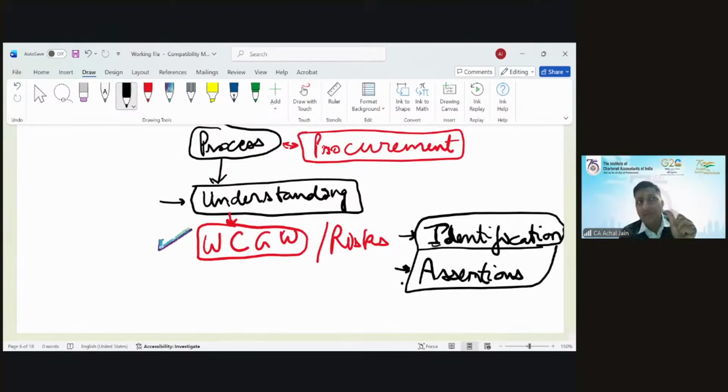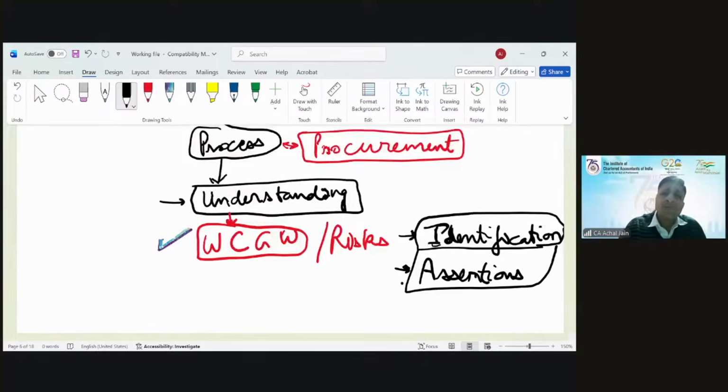See, what is our objective? One should know the problem. If you know the problem, that is when you will be able to address it. Otherwise, if you don't know the problem, how do you address that? Correct. Now, this is broadly about the types of risks and in terms of identification. And of course, you will be assessing that with the mapping against the assertions.